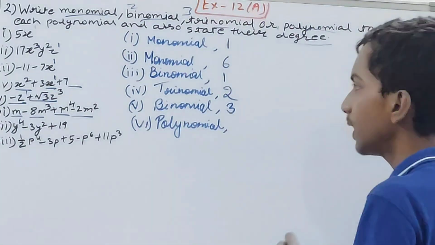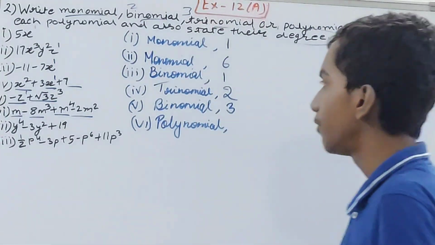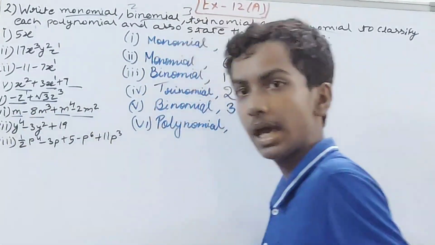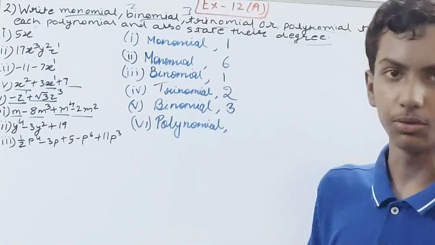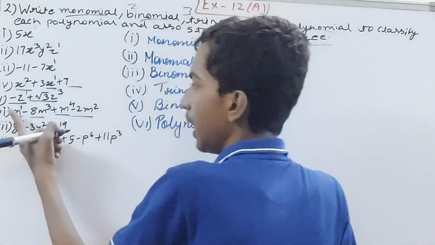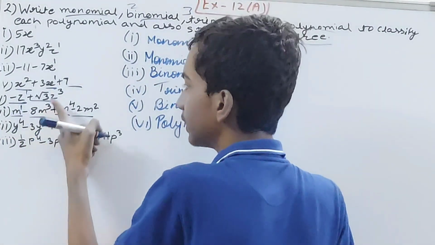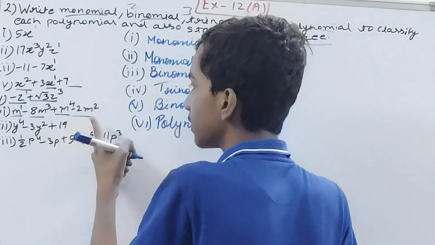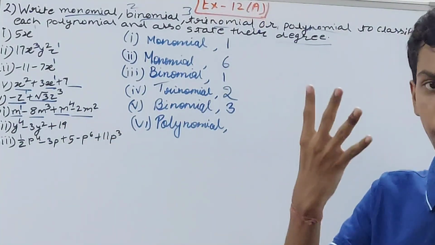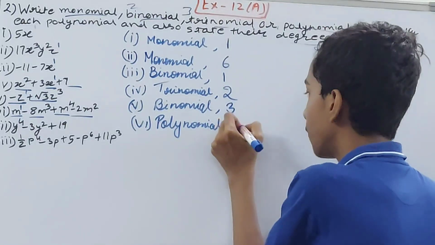Now you have to find the degree. Every term has the variable m, so you will compare the powers. Where there is no power, I will write 1. Here m has 1, here m has 3 as the power, here m has 4, and here m has 2. Which is the greatest one? 4. So the degree will become 4.